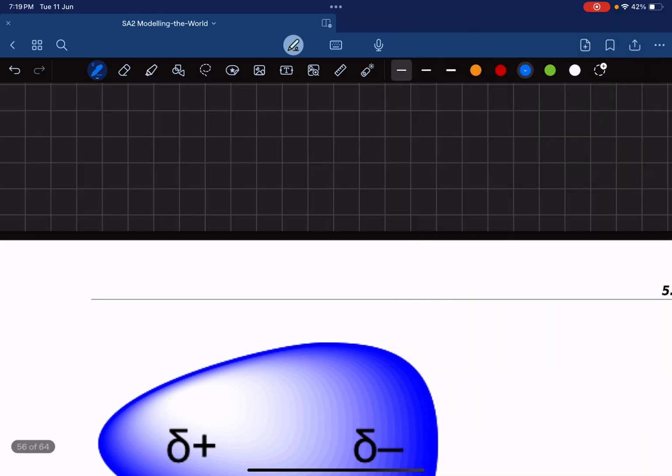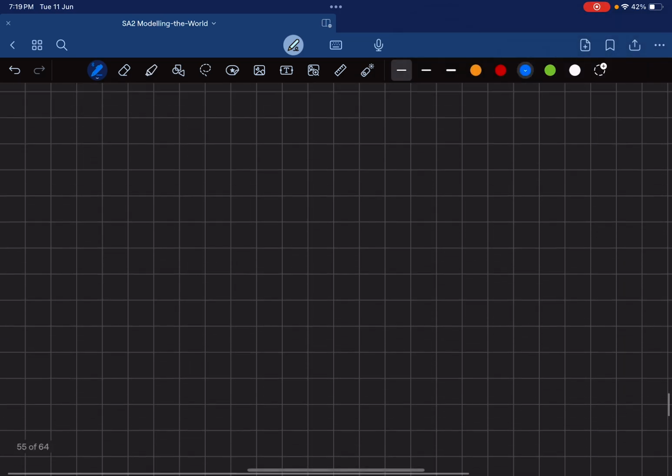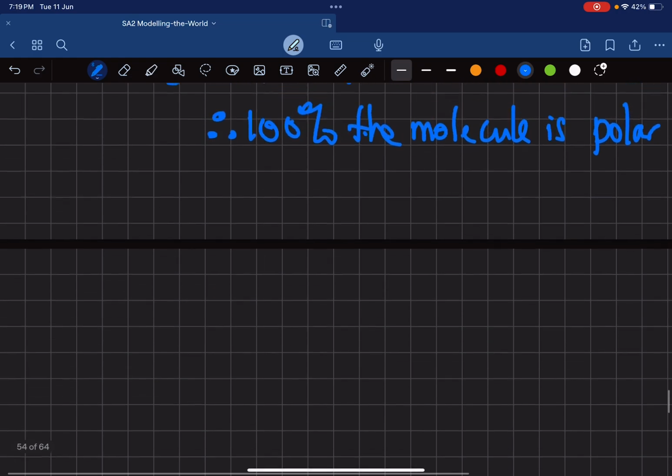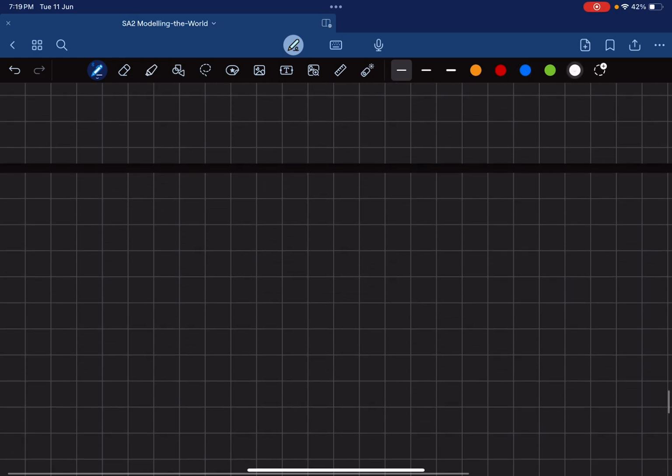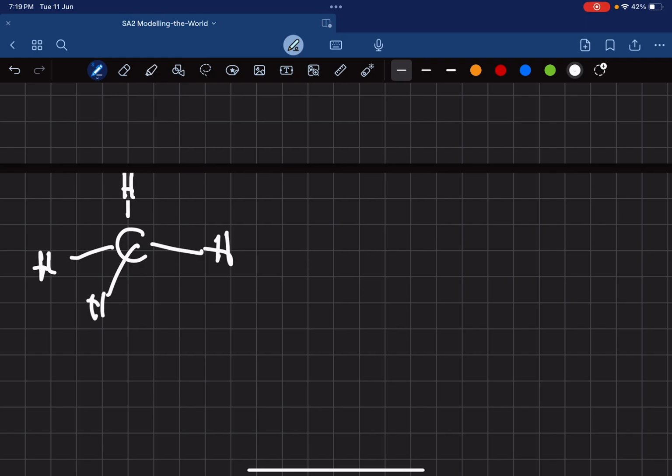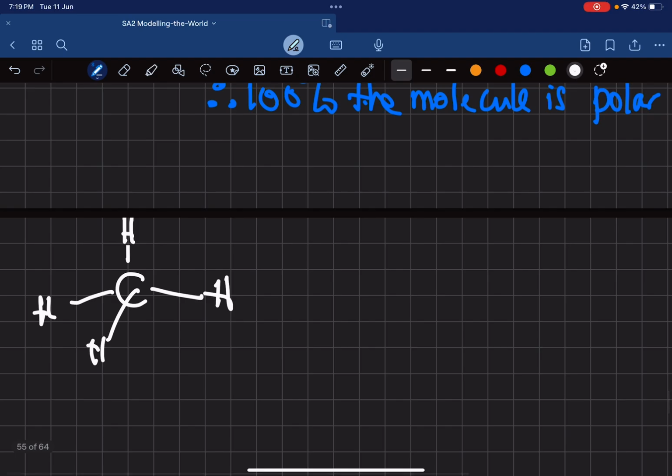In the example just now, in the case of methane, right? So methane was like this, correct? We have this, we have this, we have this, we have this. So I told you methane is non-polar, all right? It's non-polar.